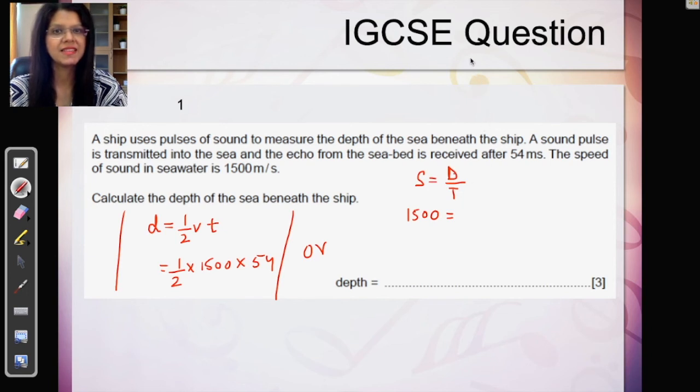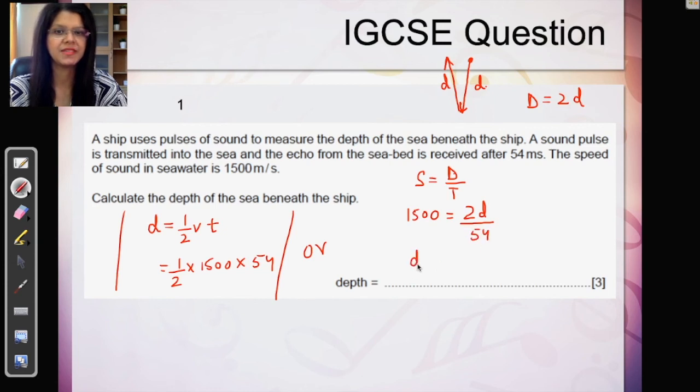Distance moved by the signal is, it goes to the bottom and then comes back up. So if the depth is D, the distance traveled is 2 times D. So the numerator becomes 2D and the time is 54.